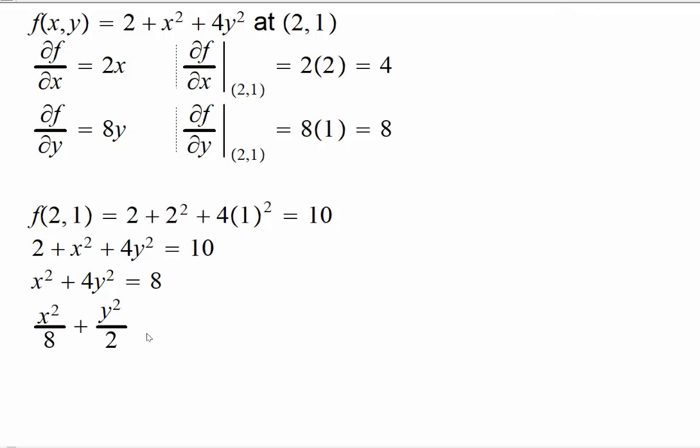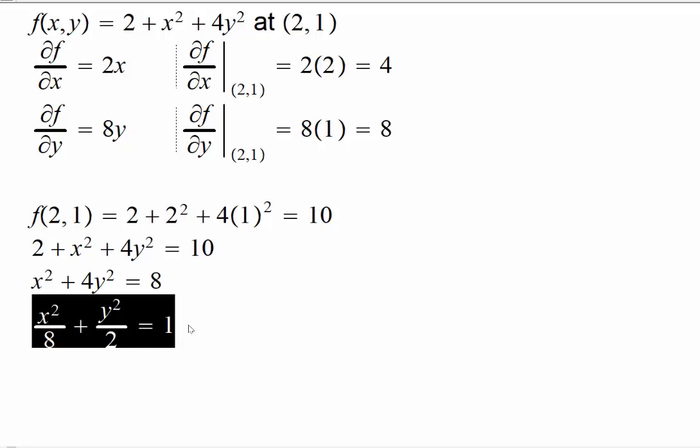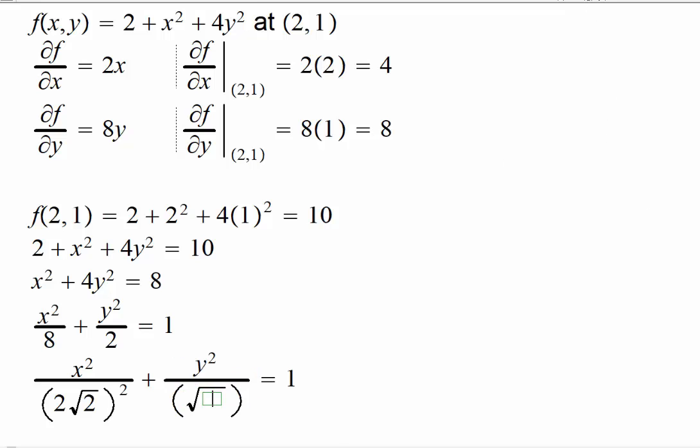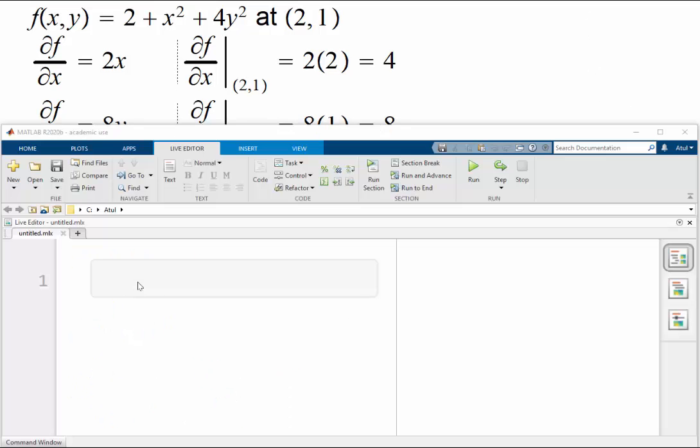Or, if we want to write it a little more formally in a known format, we have x over 2 square root of 2, squared, and then in the next part we have simply y over square root of 2, squared. We will sketch this level curve just to go and see these points much further.